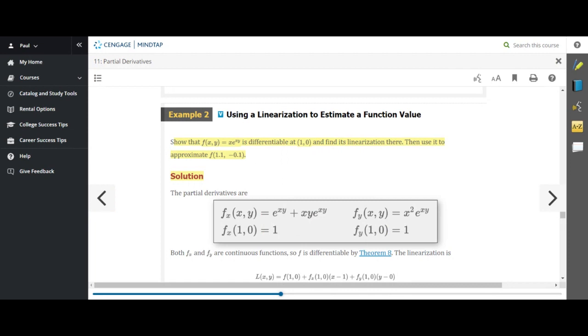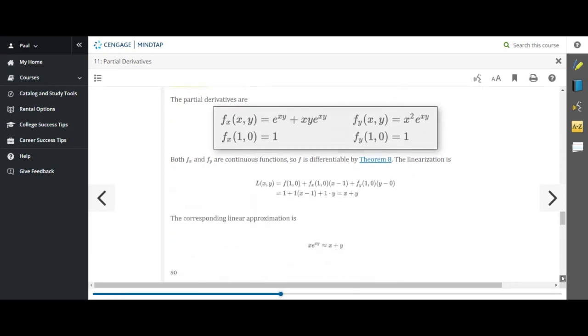If you recall Maclaurin and Taylor polynomials back in Calculus 2, you were always expanding around nice values where the derivatives could be easily computed. It's the same here. When you do your linearization, you want to expand around a coordinate where it's easy to compute the partial derivatives, and that's why (1, 0) was chosen.